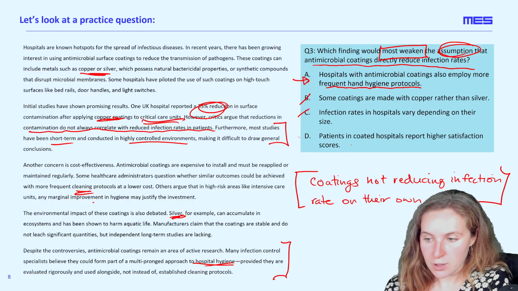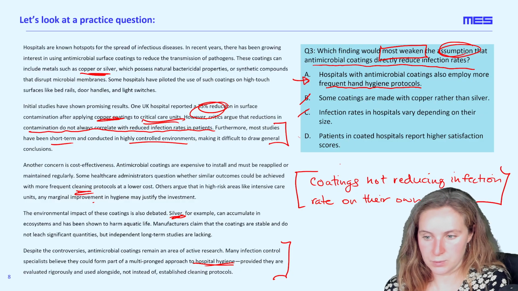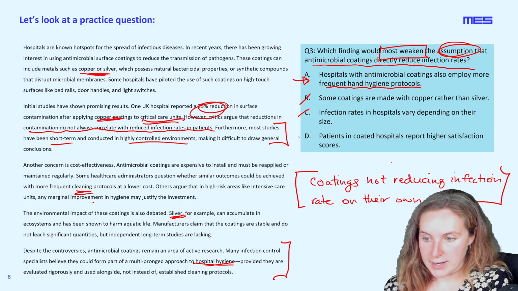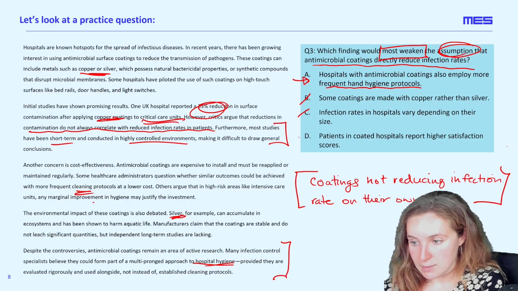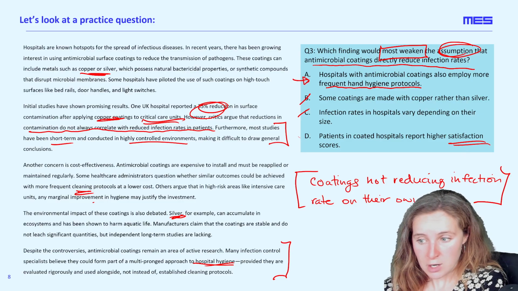Patients in coated hospitals report higher satisfaction scores. Again, this is a tricky one, right? Because this might weaken the claim that the coatings reduce infection rate, because people are happier with it and have higher satisfaction scores. But what are these satisfaction scores of, right? Are they to do with cleanliness?